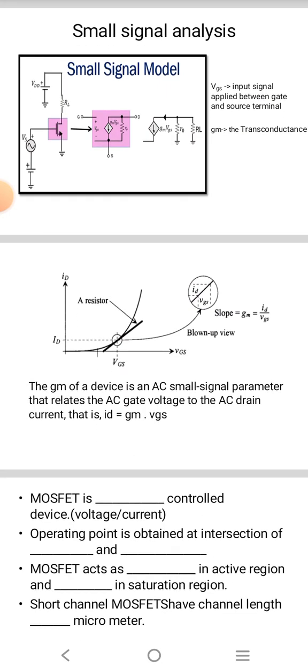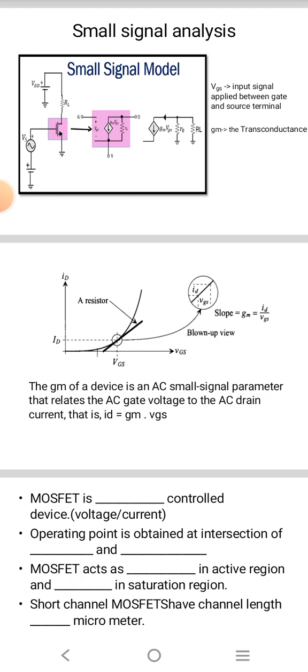The gm stands for the transconductance parameter. This transconductance parameter is the slope that we obtain from the input characteristic graph, ID versus VGS. Here gm is defined as the ratio of ID to VGS, that is, ID divided by VGS. ID is the output current, VGS is the input voltage.